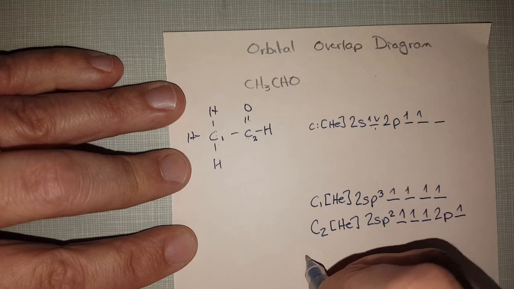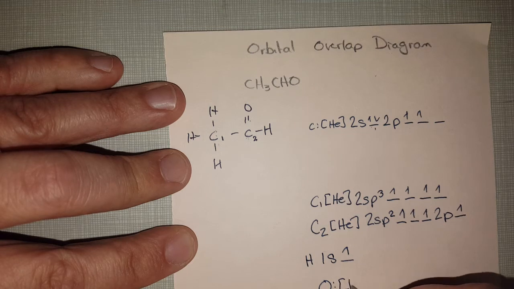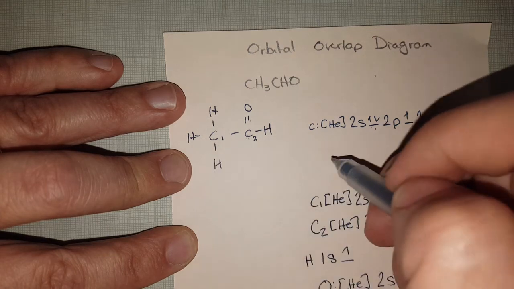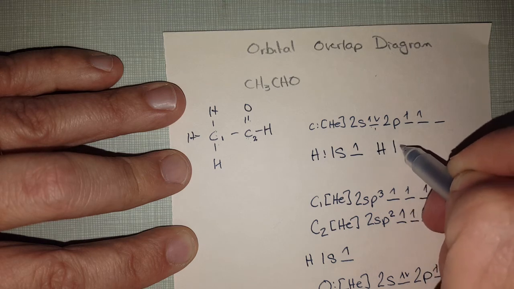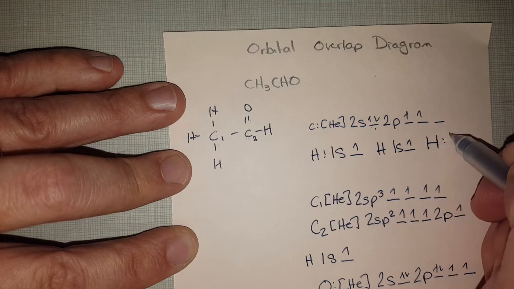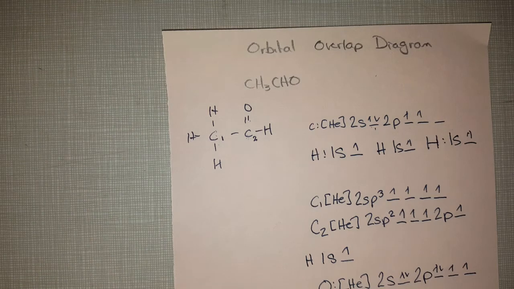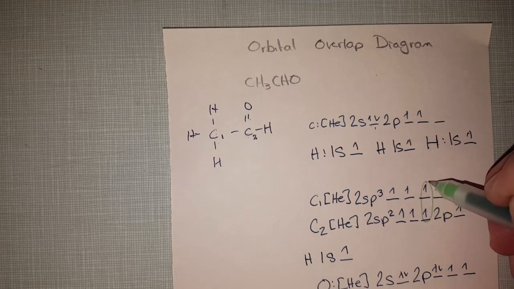Then I can have my hydrogen, and I can have my oxygen, and then for this carbon I also have 3 hydrogens. Okay, so now I can show my overlap. And so between the 2 carbons, I'm going to have a hybrid with a hybrid overlap.